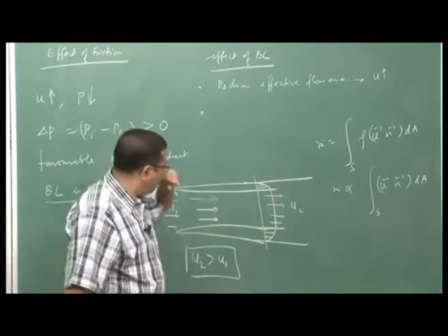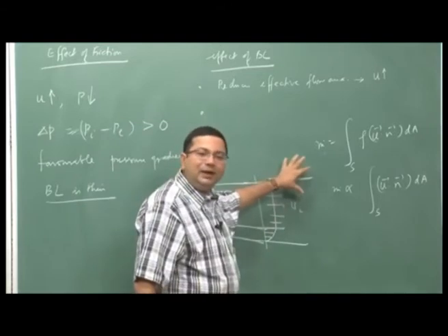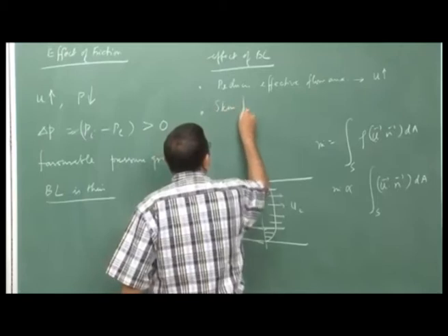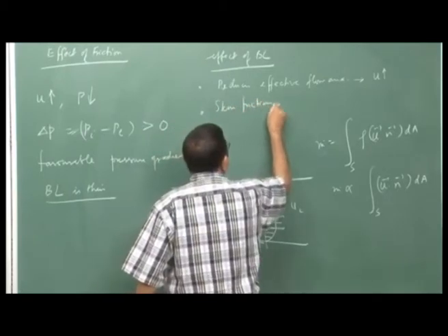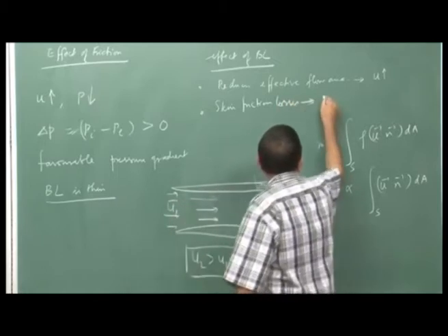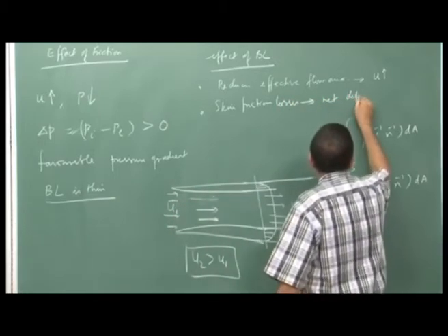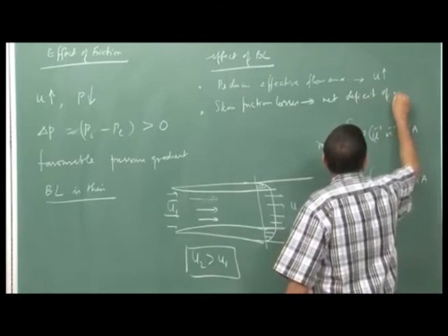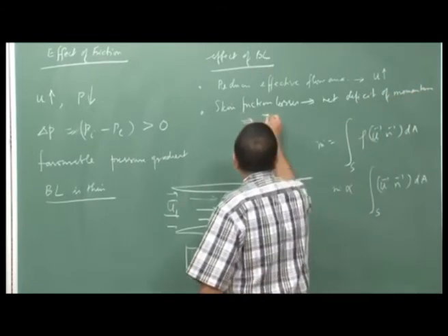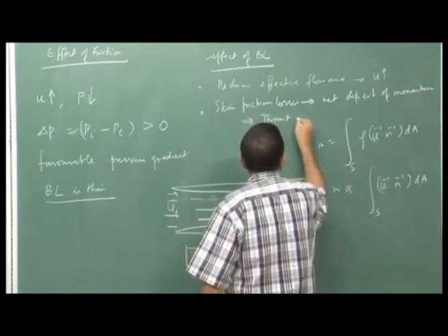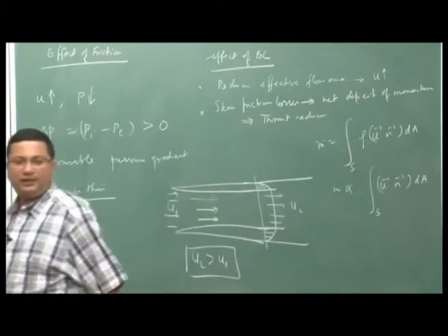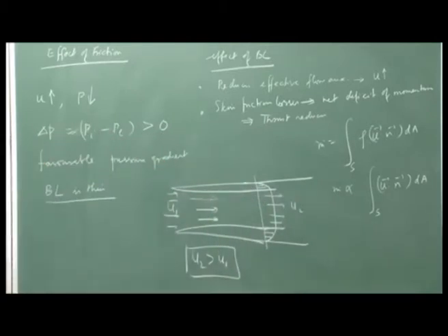Okay. So, because of that there is a net deficit of momentum which leads to skin friction losses. Skin friction losses essentially is net deficit of momentum, which essentially means that thrust reduces. Okay. The thrust is going to decrease.